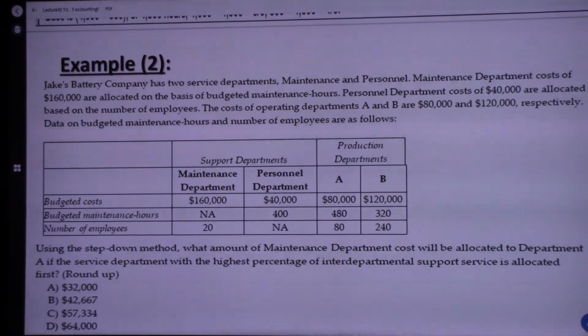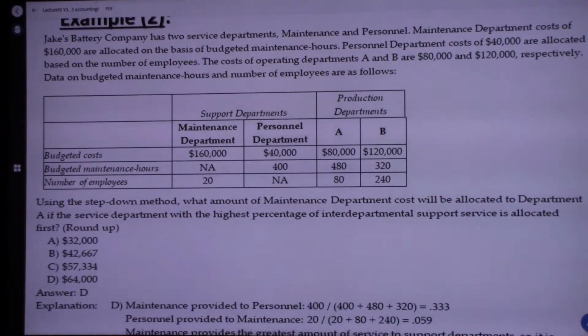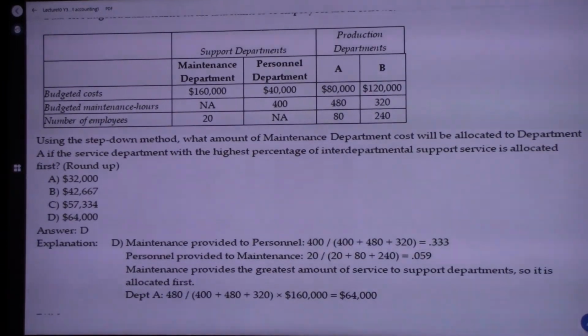You are required, applying the step-down method, to find the amount of maintenance cost that is going to be allocated to Department A, if the service department allocation order is based on highest percentage.